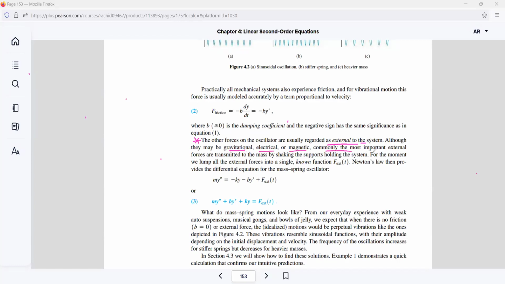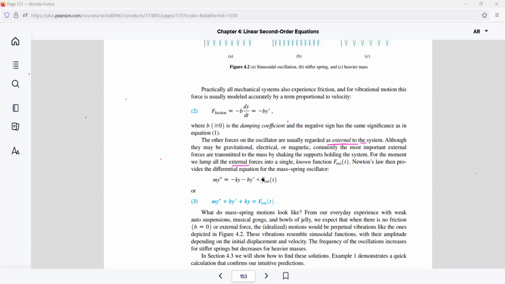Commonly, the most important external forces are transmitted by shaking the supports holding the system. So for the moment, we lump all the external forces into a single term. We're going to collect these forces into F external with respect to time. And then Newton's second law again becomes this mass spring oscillator equation, and we're going to give it some improvement.